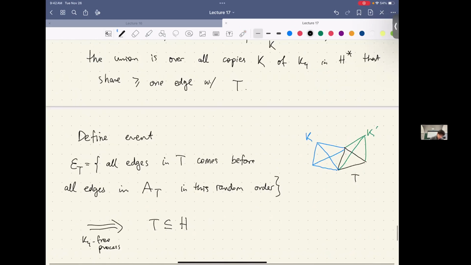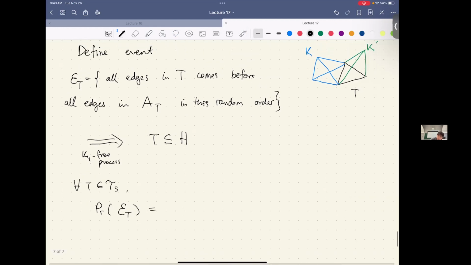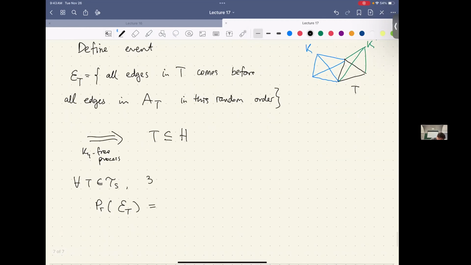The probability that ET holds for any T, this is simple. We want these three edges in T, E1, E2, E3, to come first, and then all the other edges in AT.